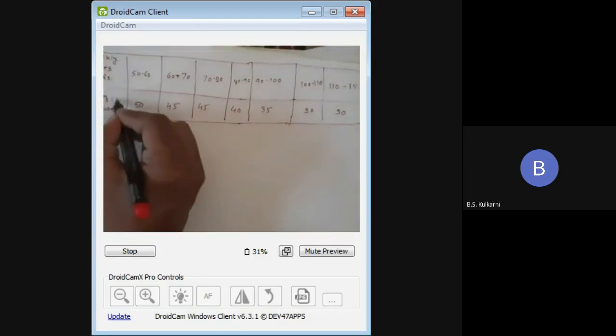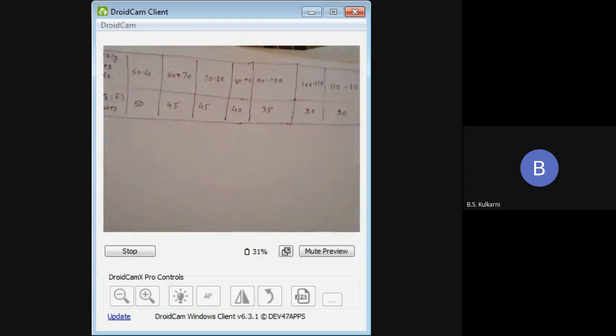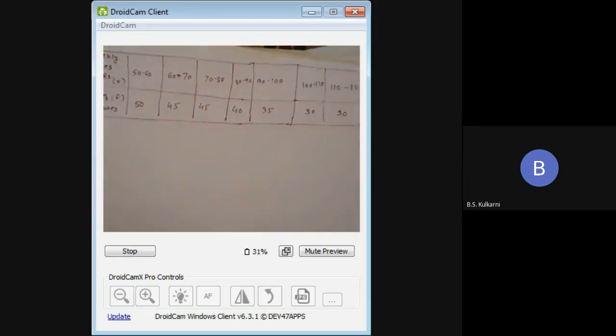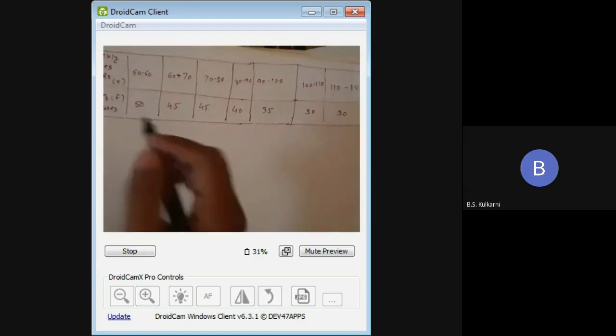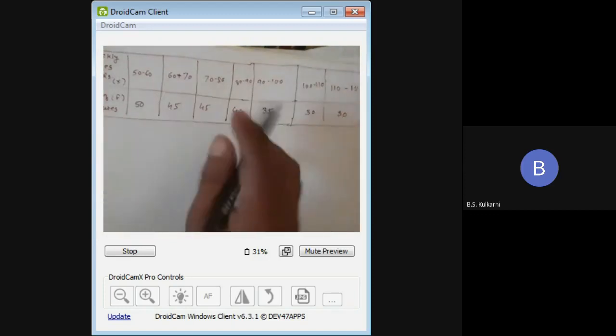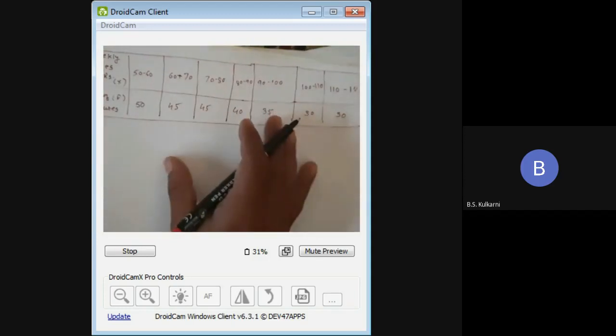This column is called the frequency, that is the number of labors, and the x values are the classes from 50 to 60 and onwards. So you have to ignore the frequencies and observe the classes only, whenever you are going to find out the range and coefficient of range from continuous data.